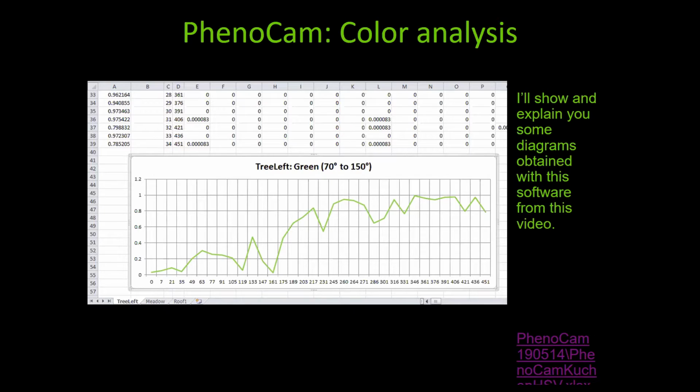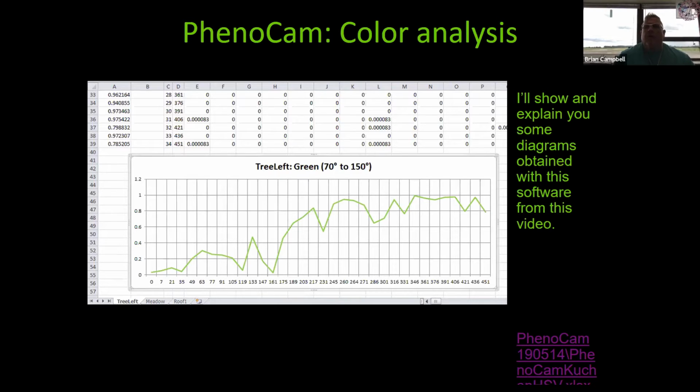I had a look at the colors between green and blue, and of course the meadow is not green between green and blue, but if there is little light, then in the morning it looks a little bit bluish. And if I combine these two colors, you can see that it is almost 100% of these colors with two exceptions. And these were exactly the days when we had snow on the ground.